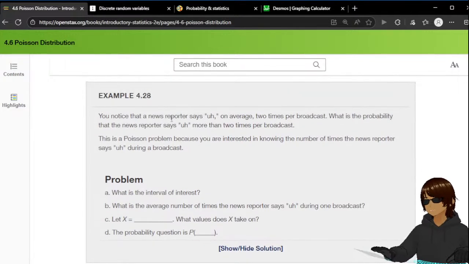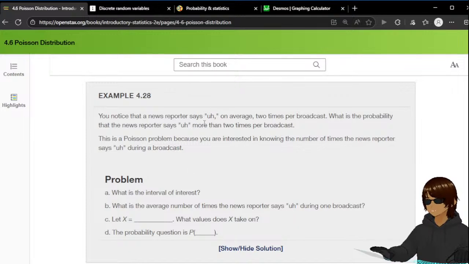You notice that a news reporter says, on average, 2 times per broadcast. What is the probability that the news reporter says more than 2 times per broadcast? So the average is given. Interval of interest, one broadcast, right? Average number of times a news reporter says it during one broadcast is 2.